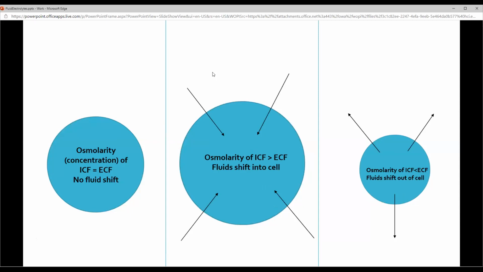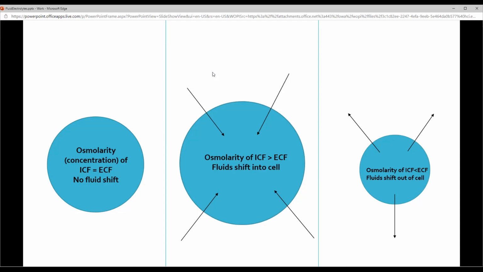The cell got bigger. Why? Because you've administered what kind of fluid? Hypotonic solution. Now fluid is moving from an area of less concentration to more concentrated. Everybody get that? So now you have cellular edema.